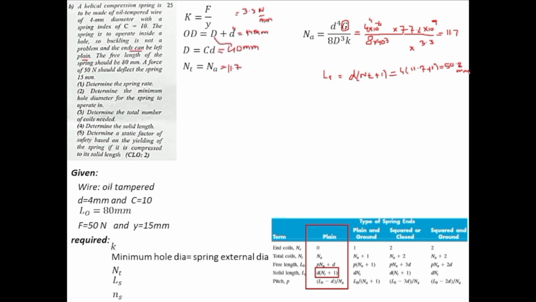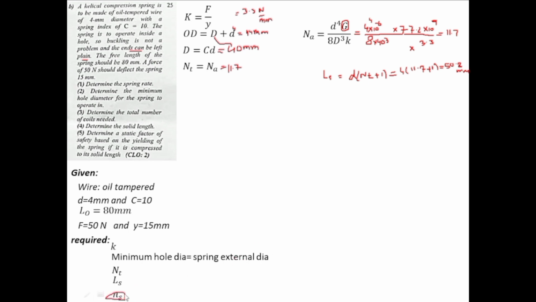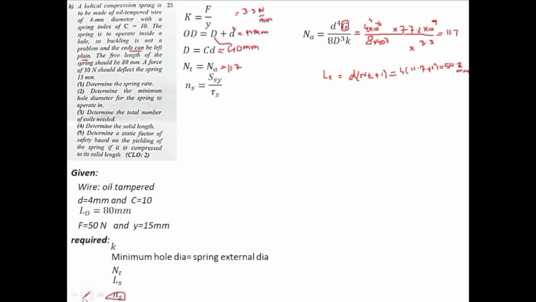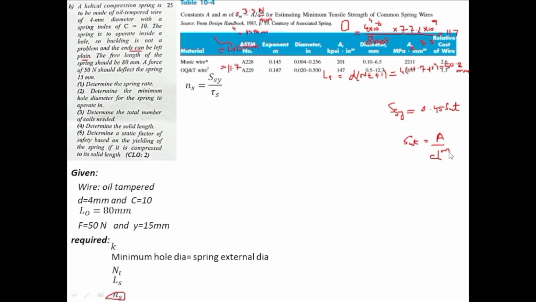Then after that we will have to find out solid factor of safety, and it is equal to Ssy divided by tau s. Ssy is actually equal to 0.45 of Sut, and Sut is equal to A divided by d to the power m. A and m values can be found from this table, that is 10.4.